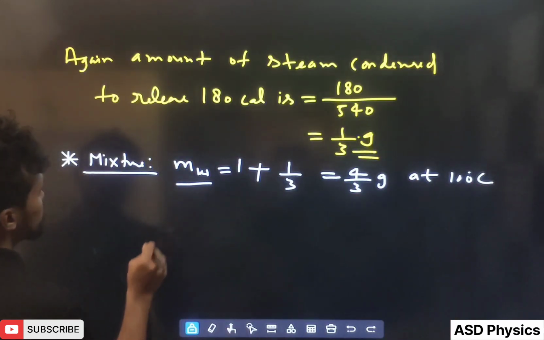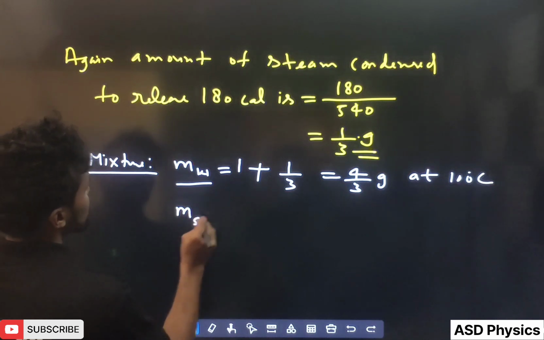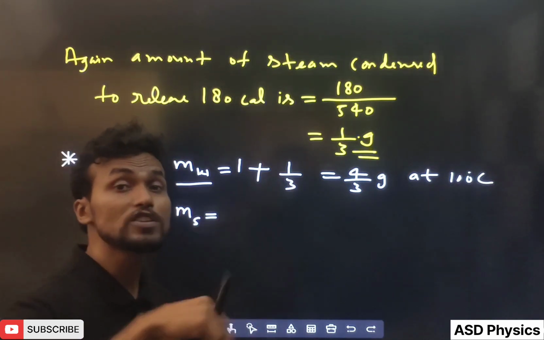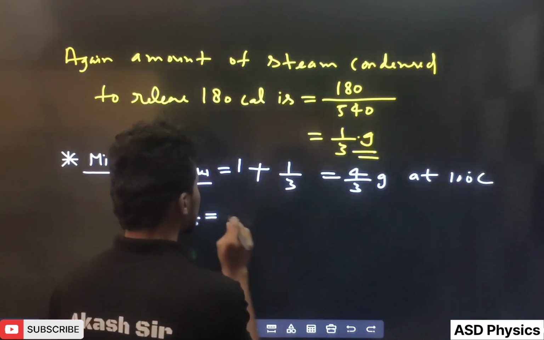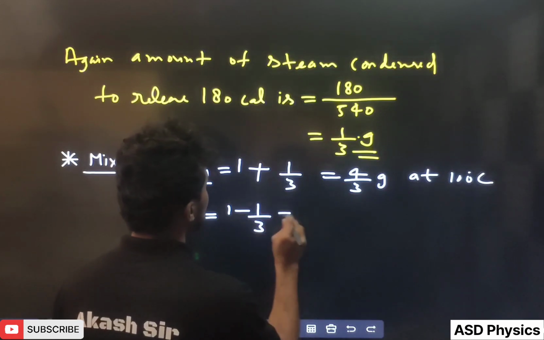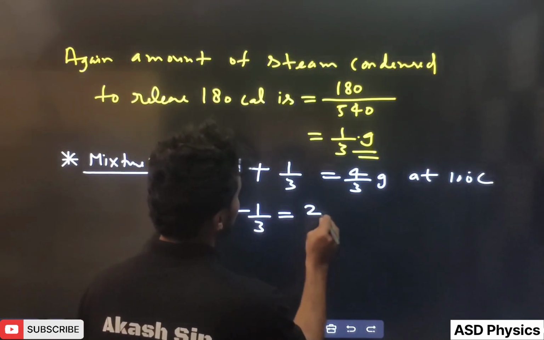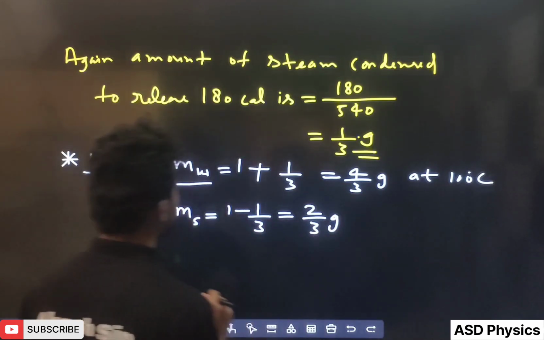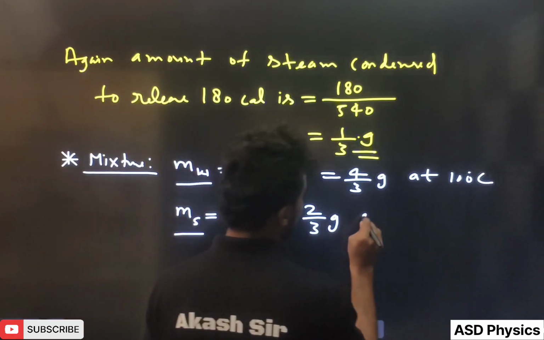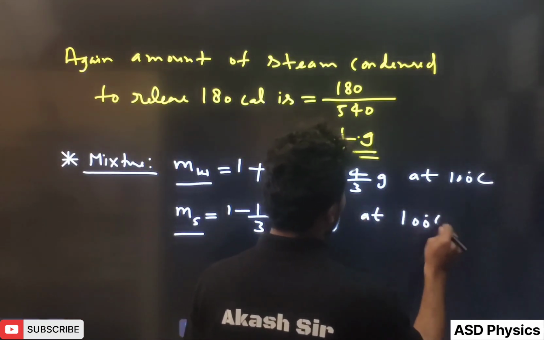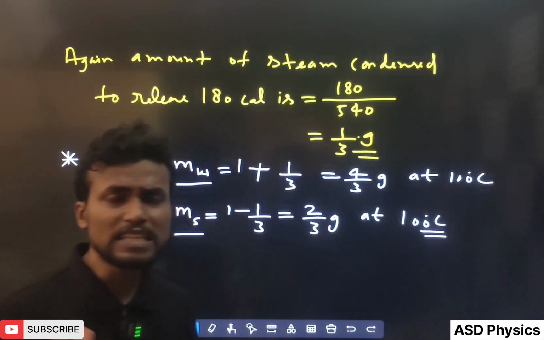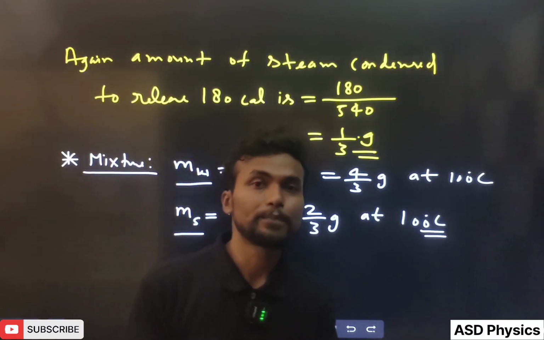Okay. After that, students, if I talk about the mass of steam, how much steam was there initially? 1 gram. But this has become water. So 1 minus 1 by 3. How much is coming here? This will come 2 by 3 gram. So mass of steam is 2 by 3 gram, at 100 degrees Celsius. Now you know very well heat always flows from high temperature to low temperature.